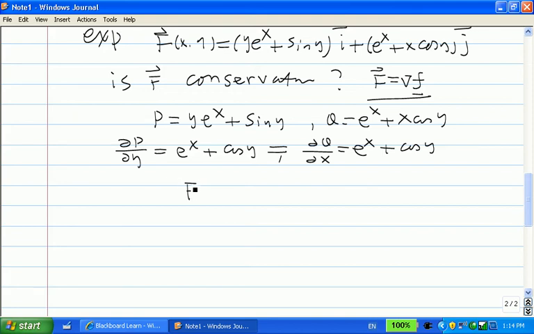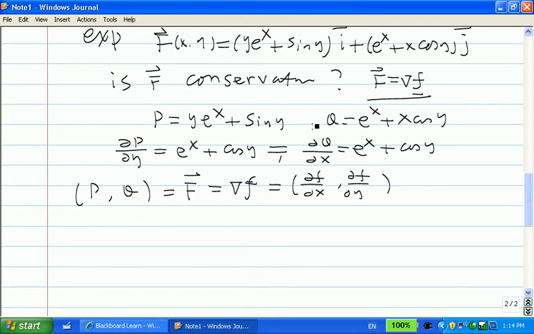Okay, F is conservative. That means we can find small f such that this is true. What is the gradient of f? Say that again: partial f with respect to x, partial f with respect to y. What is the capital F? P and Q, right? I gave you P there, Q there. So this means you have two vectors that are equal.